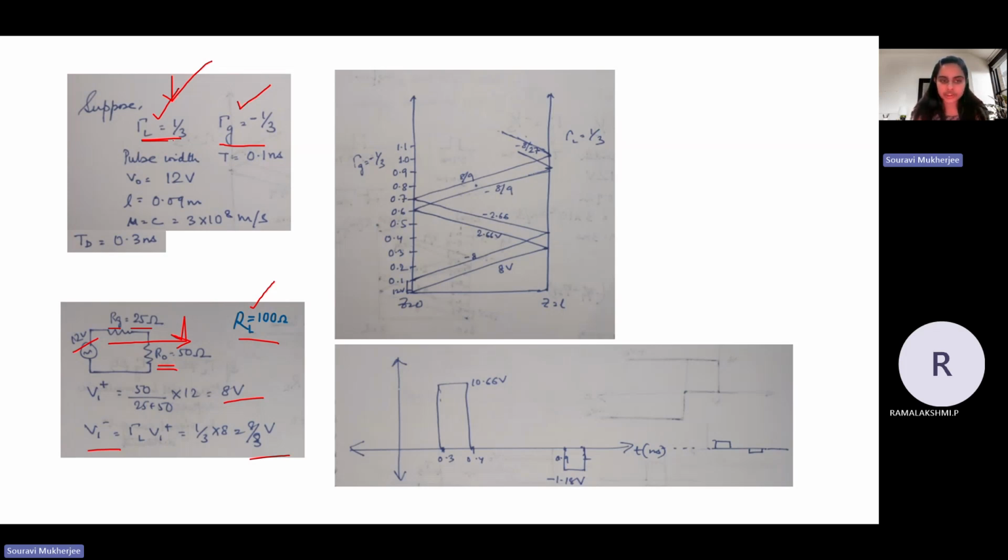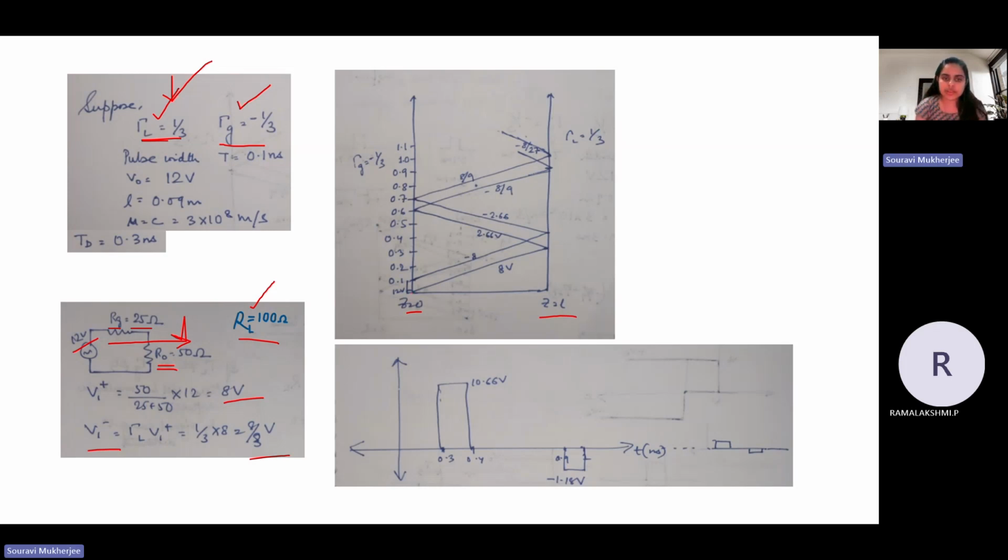So accordingly, what you can do is represent it graphically as something like this. What we are doing here is considering two straight lines. One is at z equal to 0, which is your generator end. One is z equal to L, which is your load end. Now at t equal to 0, you have this 12-volt signal that is starting from here, right?